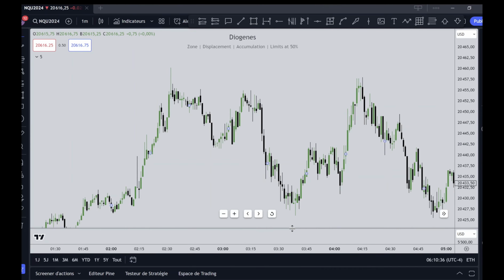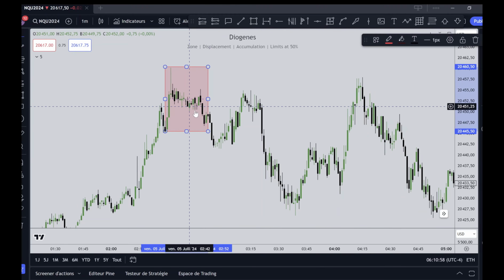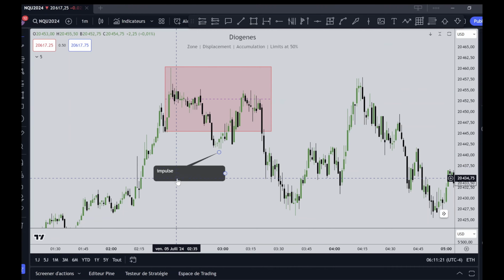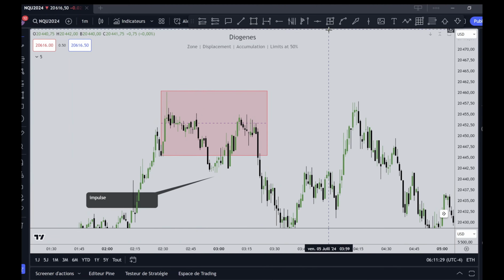Now, let's look at a short trade example on the NASDAQ, which is a trade I took last week. So, identify a significant zone using our Moneymaker model. Within the zone, you will have to recognize the impulse, which is this one here. Number 3, we apply the Fibonacci.